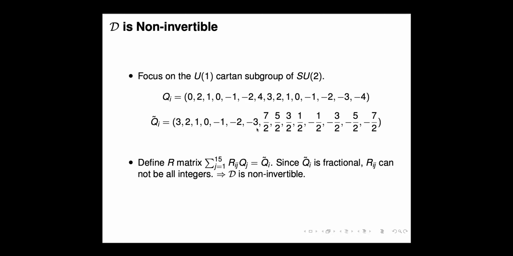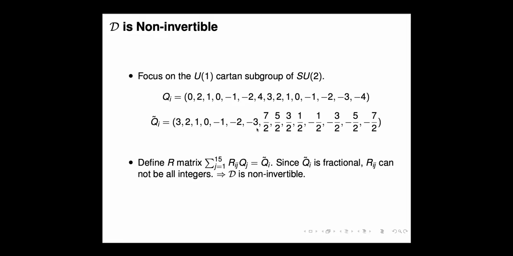But here, Q and Q tilde are not n by n matrices, they are just n by 1 matrices. So it means that this R matrix is not uniquely determined. It's highly underdetermined, but you can still find many candidates that satisfy this condition.